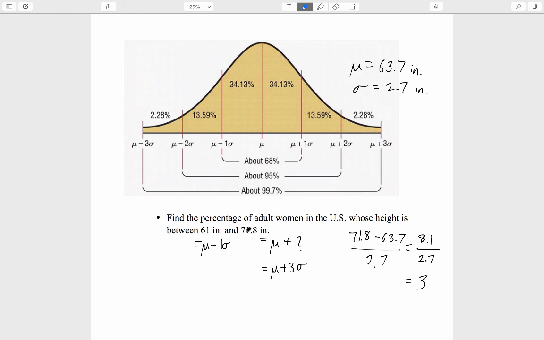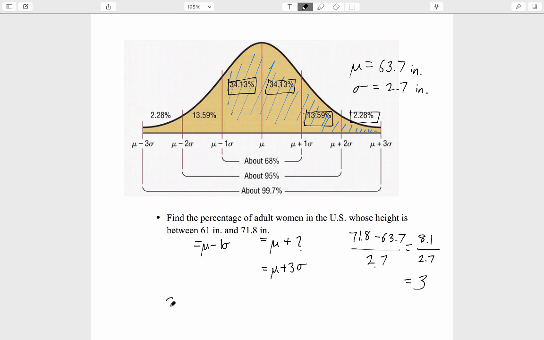Now we really understand our range of heights. Our range of heights runs from mu minus 1 copy of sigma all the way up to mu plus 3 copies of sigma. We are talking about all of these heights in here. The answer to our question will be 34.13% plus this 34.13% plus this 13.59% plus this 2.28%.